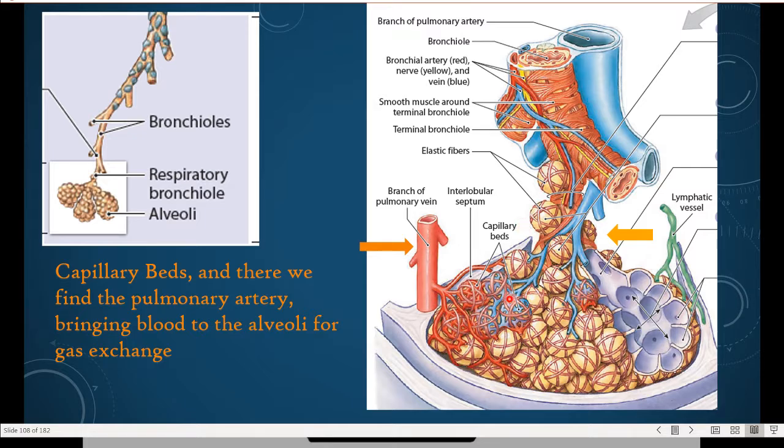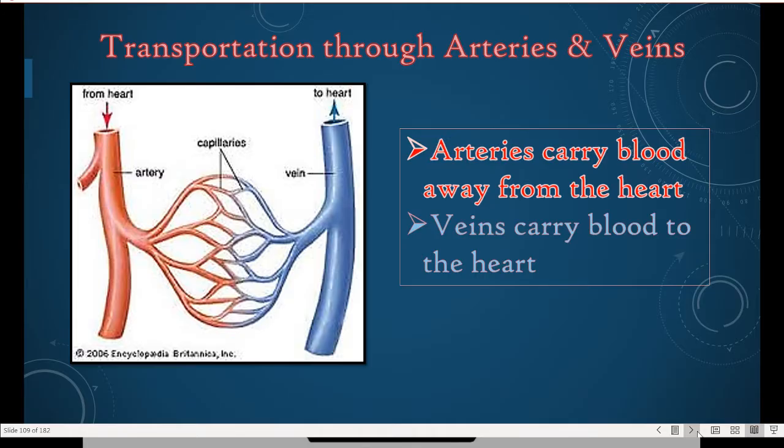Here's an example right here next to this is the capillary bed. Here's your pulmonary vein. Okay. So we have blood coming to the lungs via the pulmonary artery. Comes here, makes the gas exchange back into the pulmonary vein, and then back around into the left atrium. So pretty neat stuff going on here.